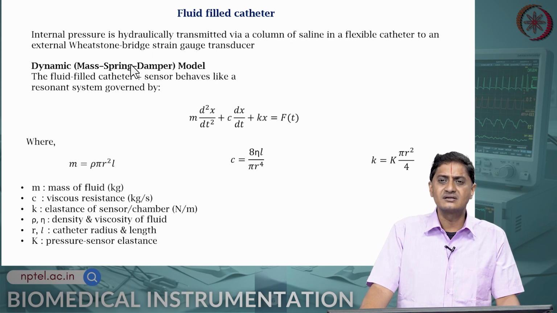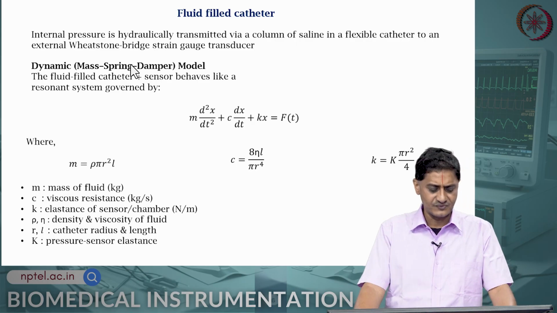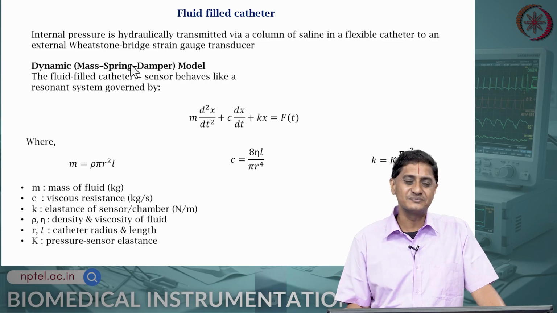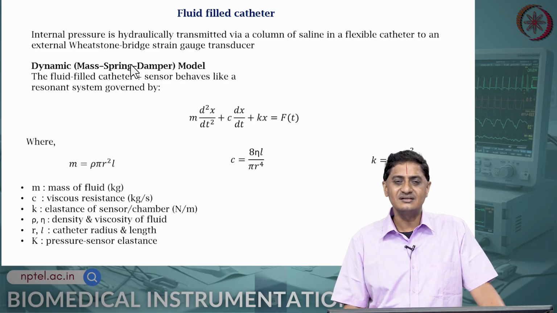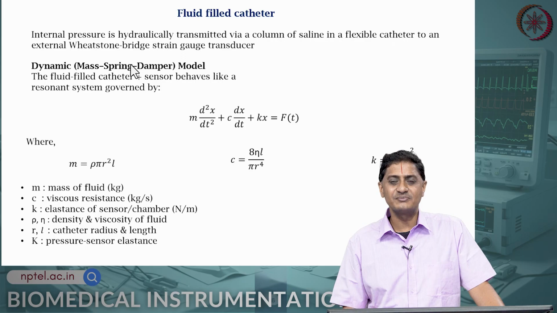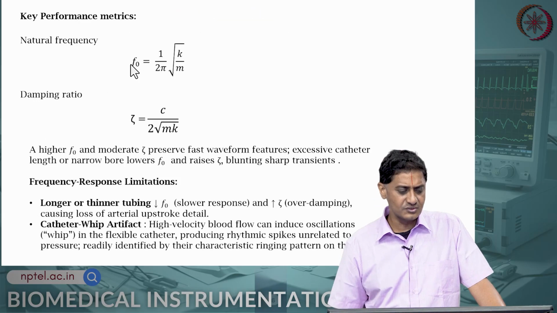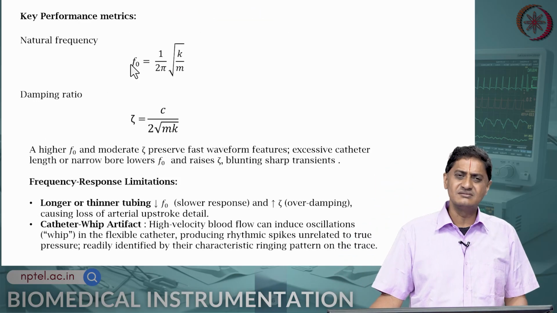Rho and eta are respectively the density and the viscosity of the fluid, and R and L are the radius and the length of the catheter, and K is the constant that relates the pressure and elastance. So, we know its natural frequency.